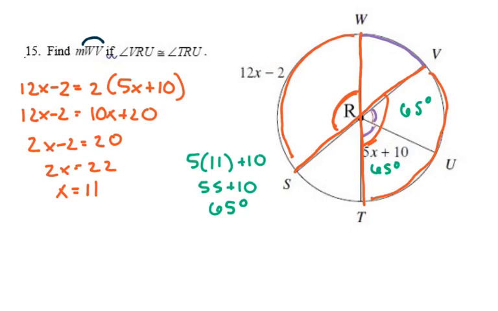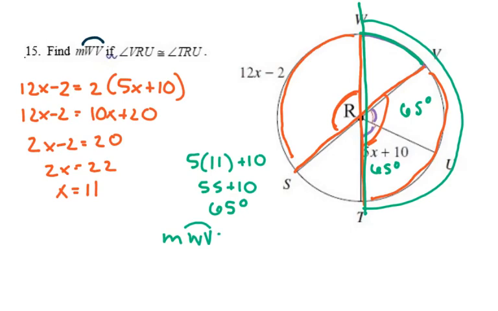From here, to find my measure of arc VW, I can use this diameter that forms this complete semicircle. So I can say that the measure of arc WV is equal to my semicircle of 180, subtracting out my two angles that are 65 degrees.